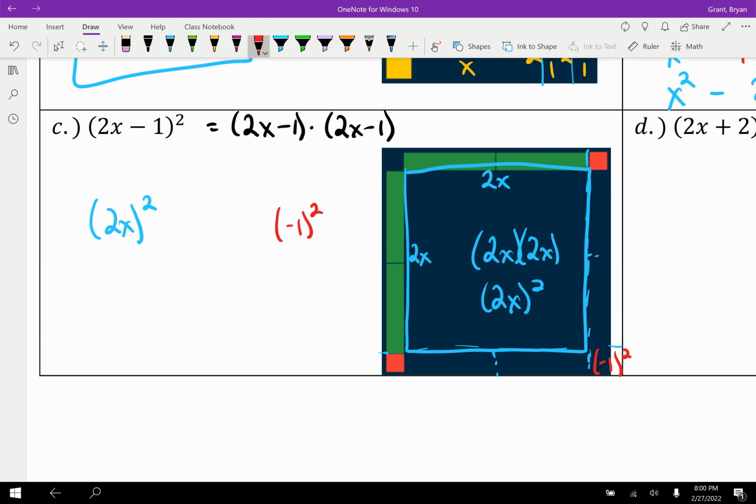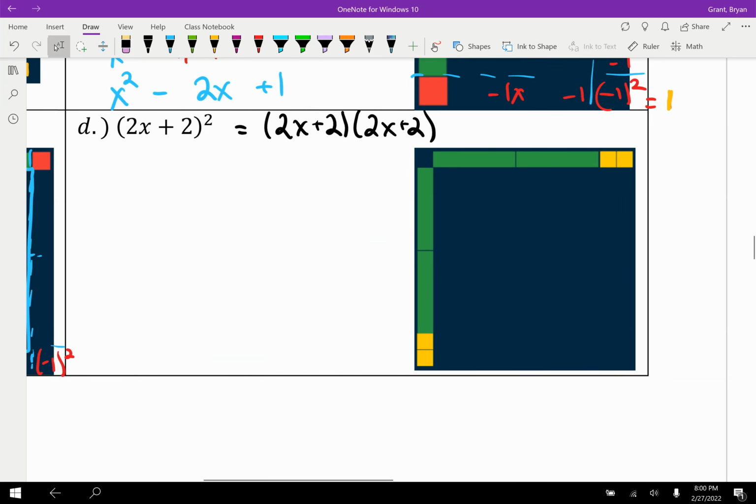Now we should be able to see that 2x times 2x is actually 4x squared, and we talked before about how -1 squared is actually +1. What about the rest? Well, there's -x and -x, so that makes -2x's. And then we know by being a square that if there are 2 -x's here, there have to be the same up here, so there's another -2x's. And so our final answer will be 4x squared minus 4 of those x's plus 1.